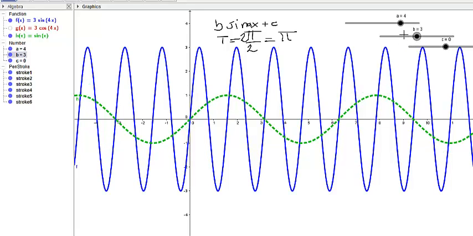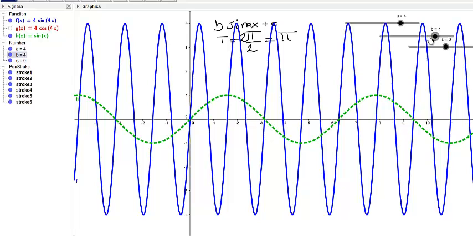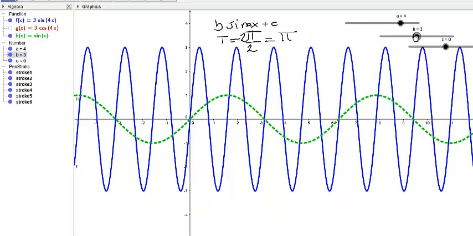When you make it 3, it goes up to 3 and comes down to -3. Or when you make it 4, the end point is going to be 4. So you're going to enlarge on the y-axis with b.